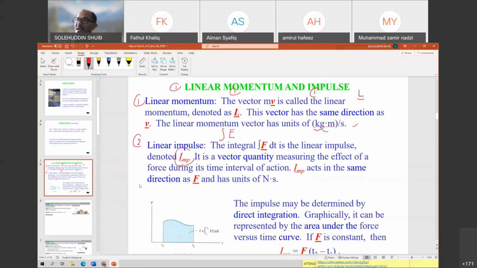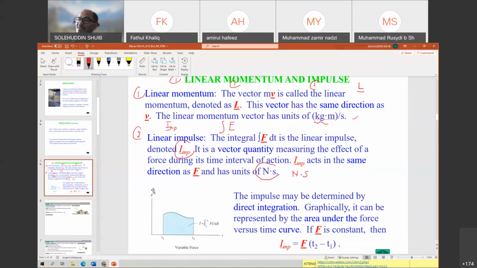It is a vector quantity measuring the effect of the force during its time interval of action. The impulse has the same direction as F, and the unit of linear impulse is Newton second.